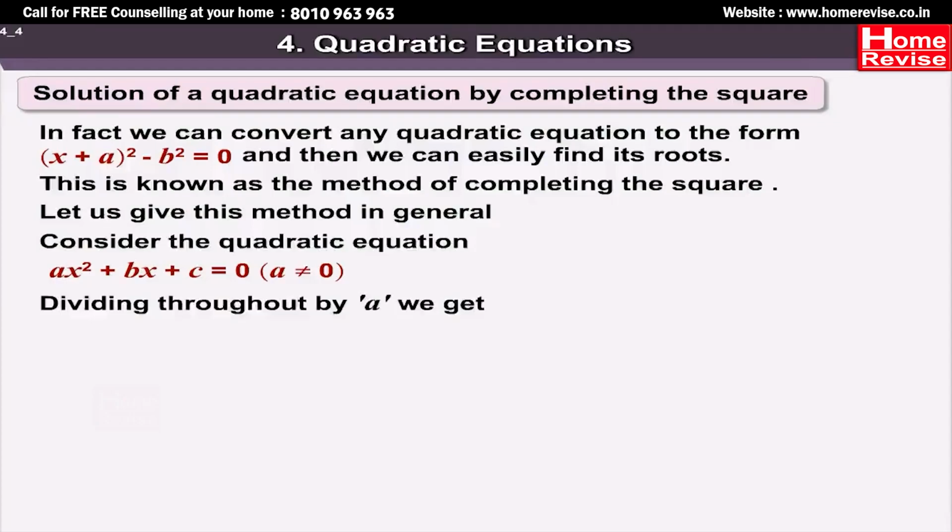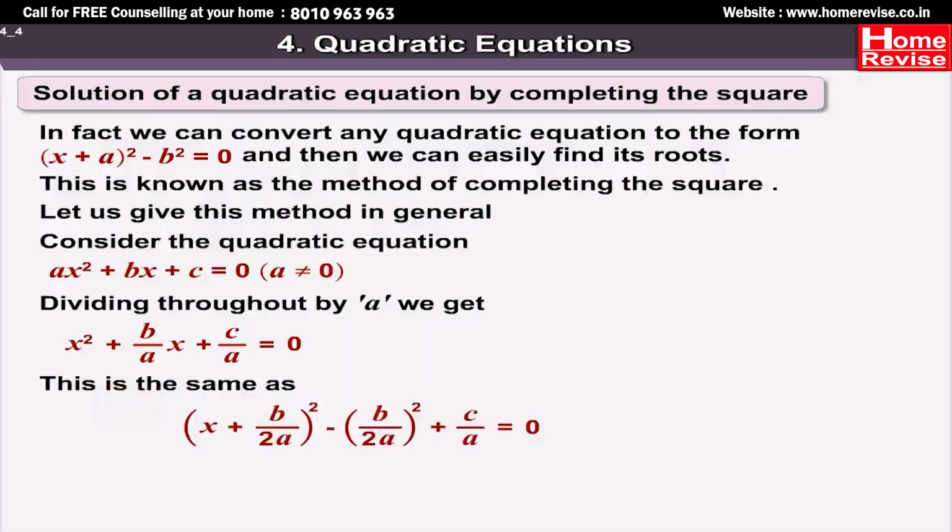Dividing throughout by a, we get ax squared upon a plus bx upon a plus c upon a is equal to 0 upon a. That equals x squared plus b upon a x plus c upon a equal to 0. This is the same as (x plus b upon 2a) the whole squared minus (b upon 2a) the whole squared plus c upon a is equal to 0.